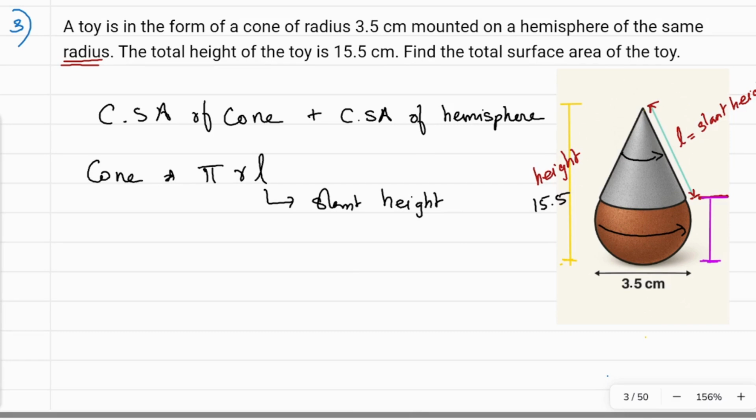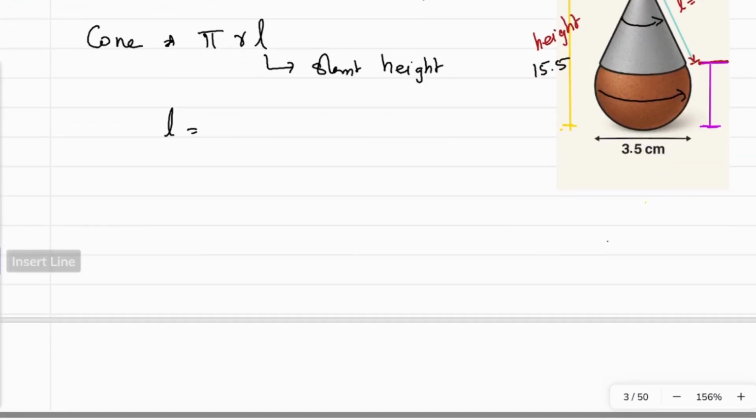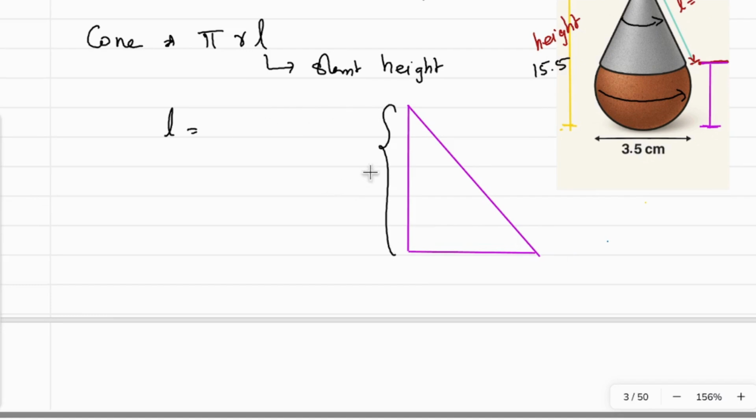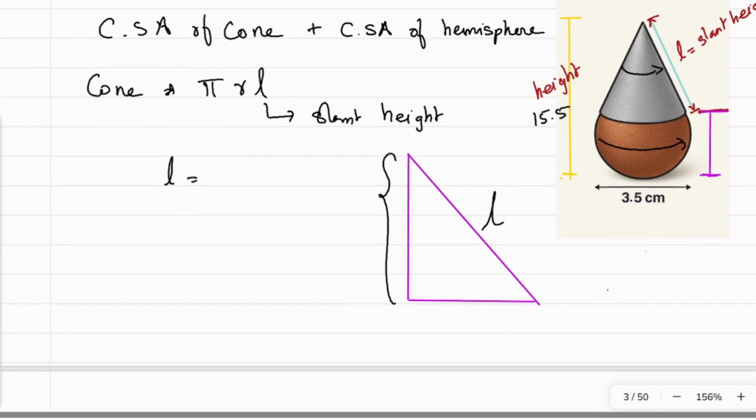In order to find the slant height, we have an equation. L equal to what? I need to consider a right angle triangle here. This is the height of the cone, this is the slant height, and from here till here it is the radius.